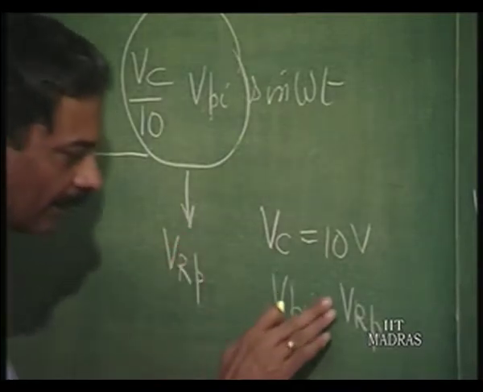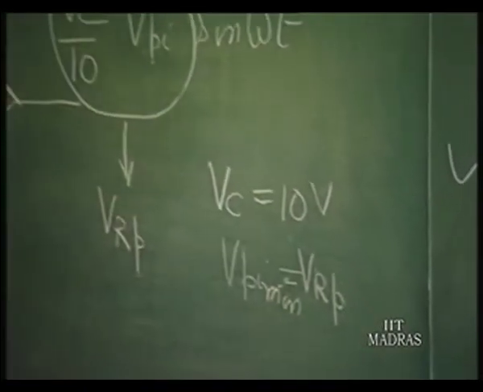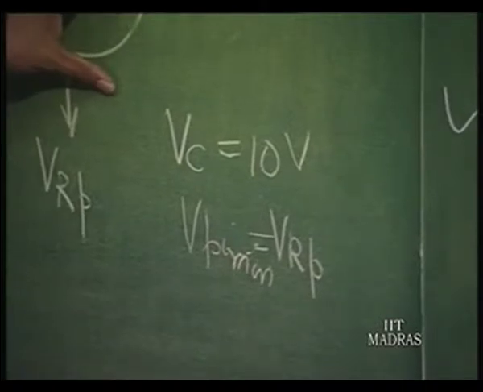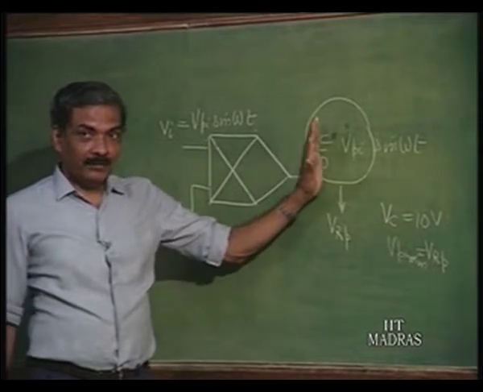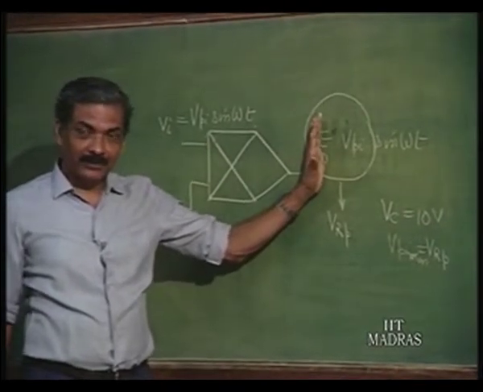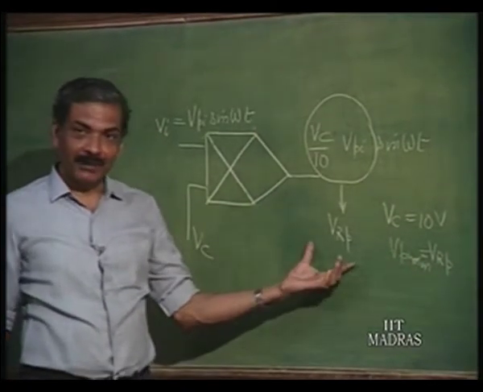So, Vpi minimum is equal to Vrp. That is the range in which this system will work. That is the maximum gain you can give from your amplifier. So, the maximum gain times the minimum voltage should be equal to whatever value you want.